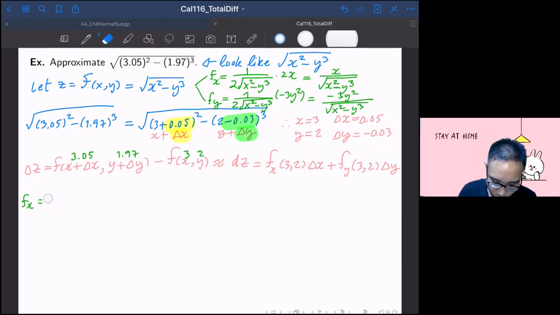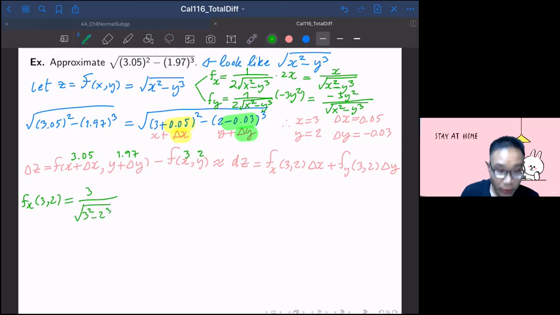So you are able to obtain fx at (3, 2) by plugging in x equal to 3, y equal to 2 into this partial derivative. So you get 3 over square root 3 squared minus 2 to the third, so this one will be just 3.